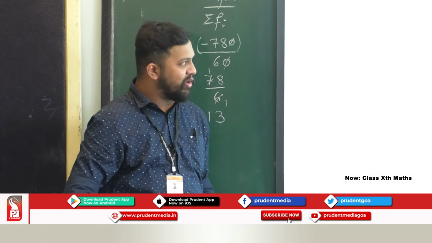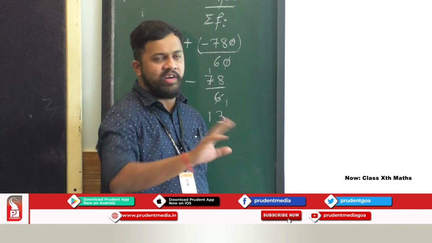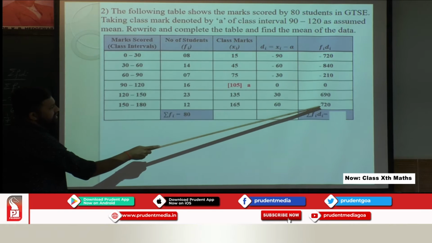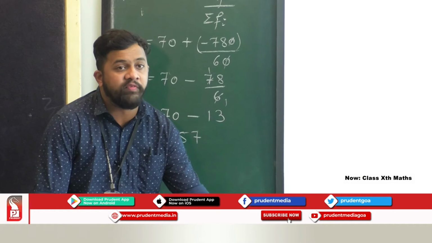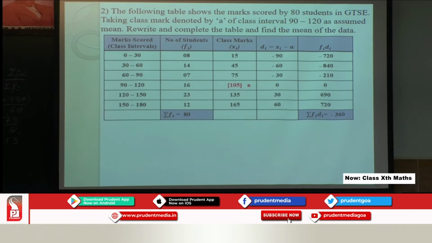Now don't cancel on the paper, this is for you to understand that 720 and negative 720 can cancel. So these two numbers remain and 690 remains. And you will get your answer as minus 360. That is your summation fi di. So summation fi di is minus 360.